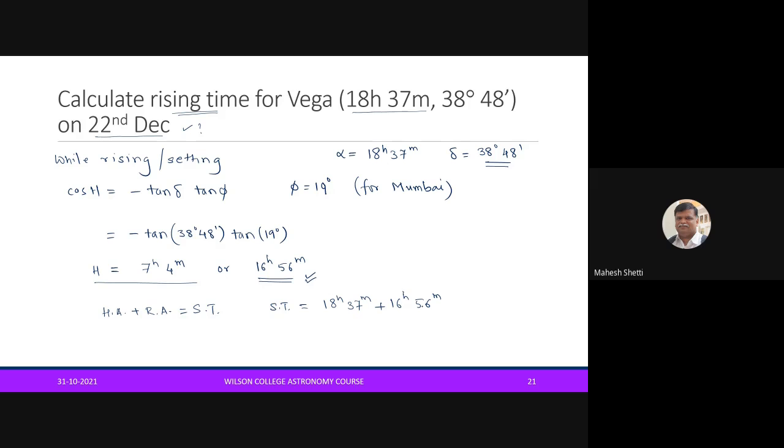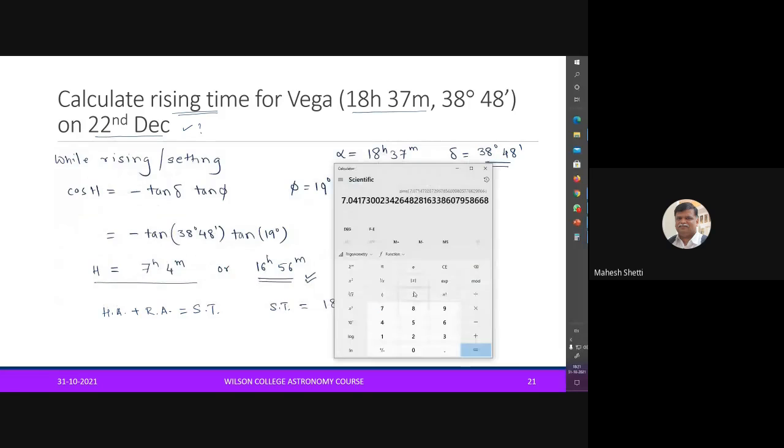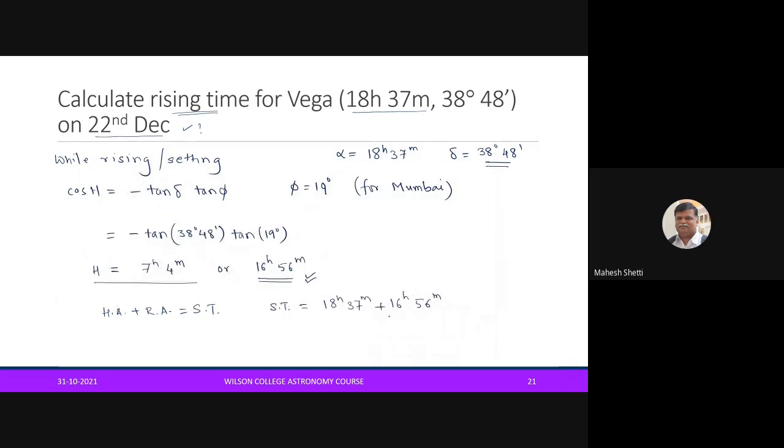I strongly recommend you check this recording later again, because there are a lot of additional explanations coming. So what is this sidereal time? This sidereal time is the sidereal time when Vega is going to rise. Up to this point we have nowhere talked about the date.